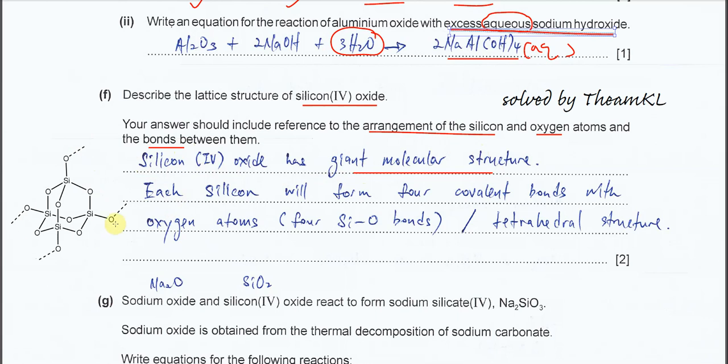Each silicon will form 4 covalent bonds with oxygen. This silicon forms 4 bonds with oxygen, this silicon is also the same. But oxygens will form 2 covalent bonds with the silicons. And the structure is tetrahedral.